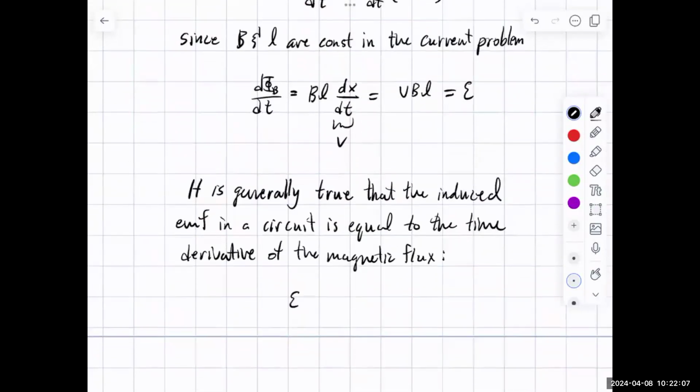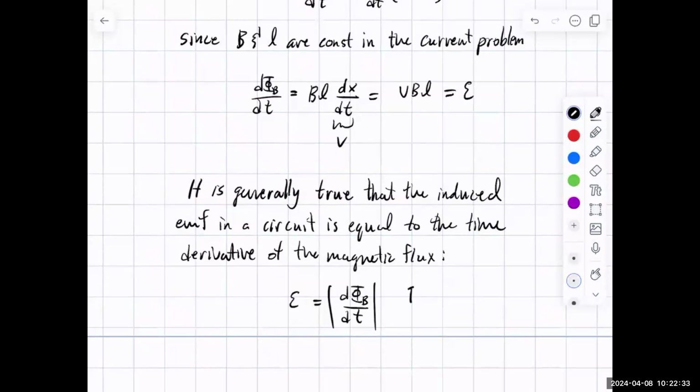And so we can summarize that by saying the induced EMF is given by this derivative. I'm going to put an absolute value sign around there, so I'm not worried about the sign of this voltage difference right now. I'm just worried about the size, its magnitude. We'll discuss the sign probably a little later today.